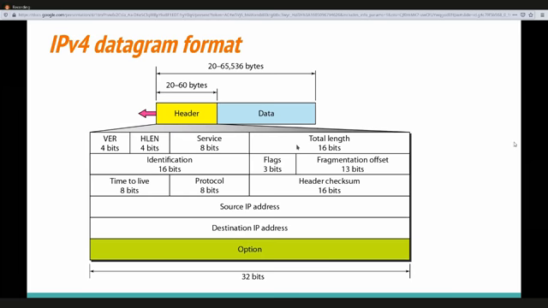Hope you are clear with these concepts, because now we are going to discuss the next three things together, because as I told you, these three things we have to discuss together. Otherwise there's no point in discussing them, because they are on the same page. These are identification, flags and the fragmentation offset, and these three work in the same line, same manner.